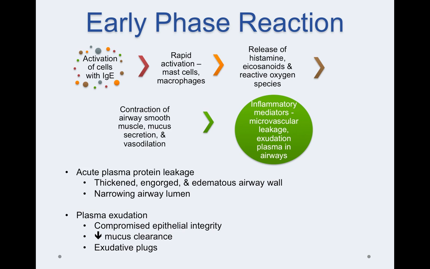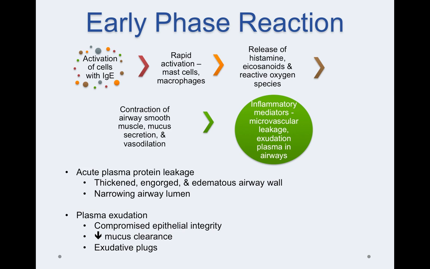First, we're going to spend some time discussing early phase reactions. In an early phase reaction, there's an activation of cells with IgE. This then leads to a rapid activation of both mast cells and macrophages, furthermore releasing histamine, eicosanoids, and reactive oxygen species.